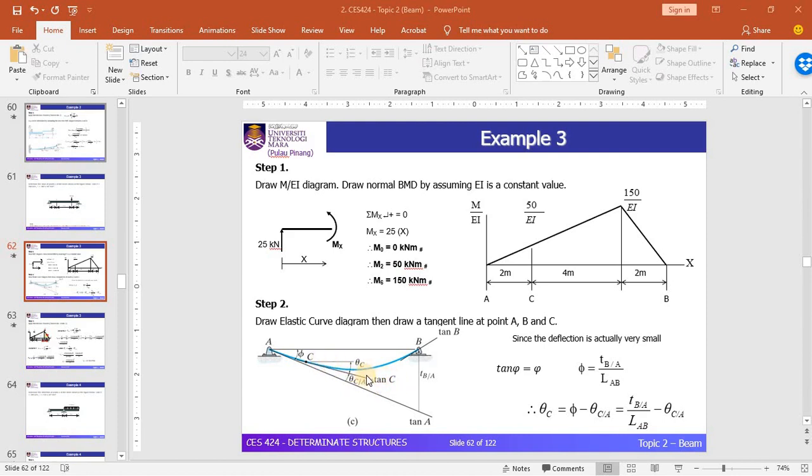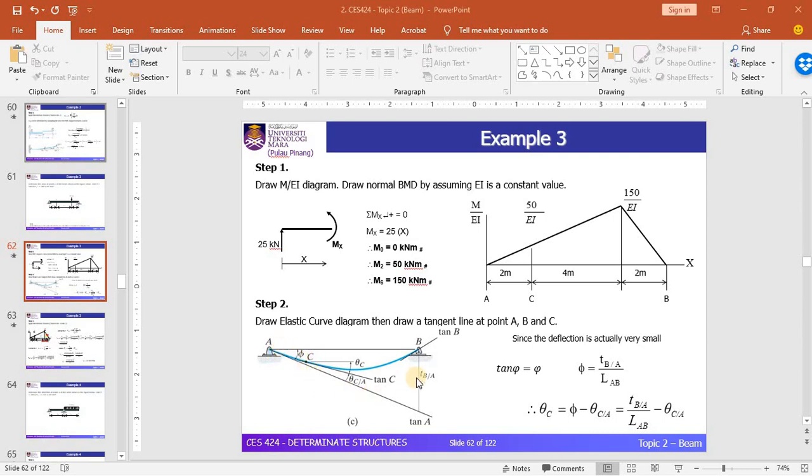You can see that here we have another angle, theta CA, which is measured from tangent A towards tangent C. The combination of theta C plus theta CA is equal to this angle P, which is the angle about point A.